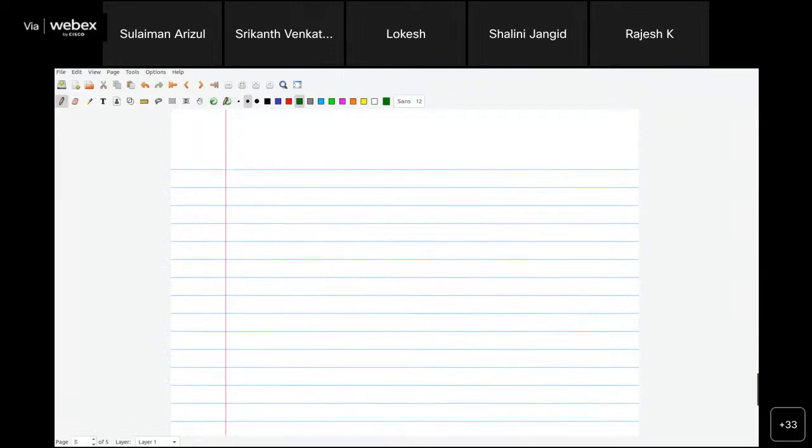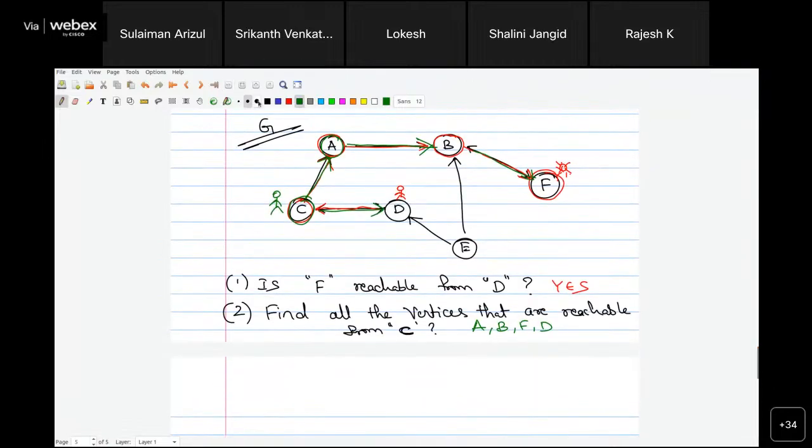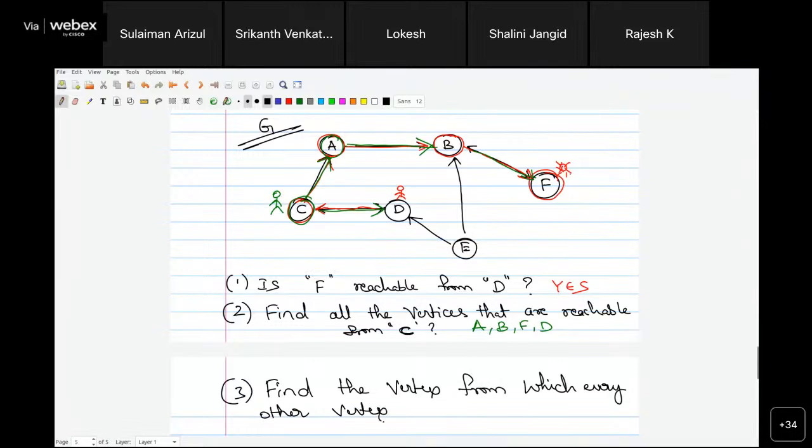What about this question? Find the vertex from which every other vertex is reachable.